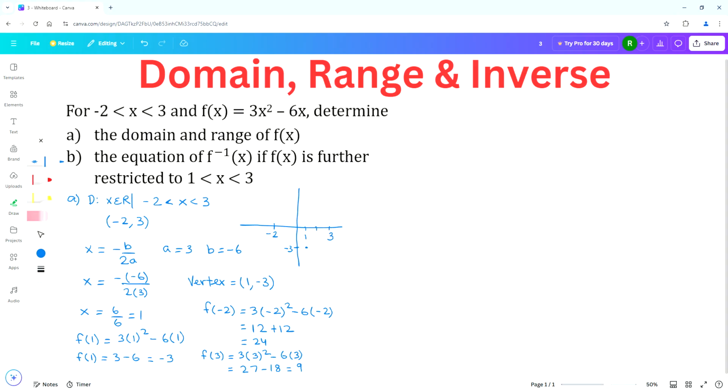At x equals -2, the y value is 24, but since -2 is not part of the domain, we can show the point as an open dot for this function. And at x equals 3, the function value is 9. I can show the parabola like this.